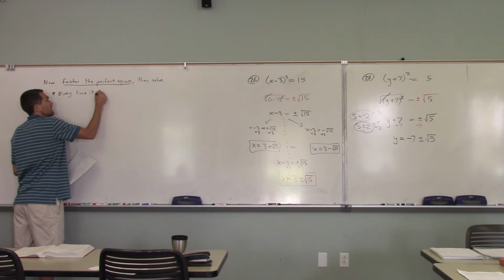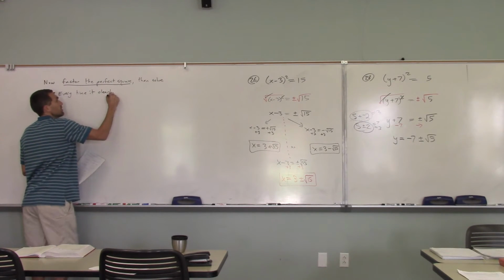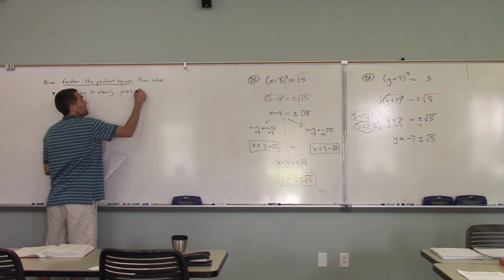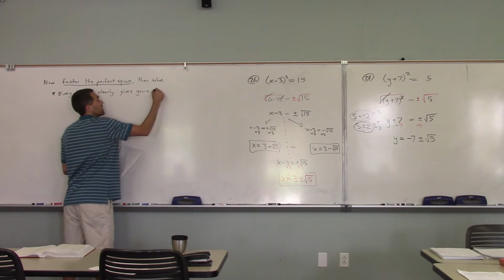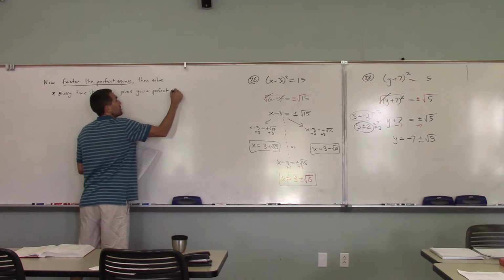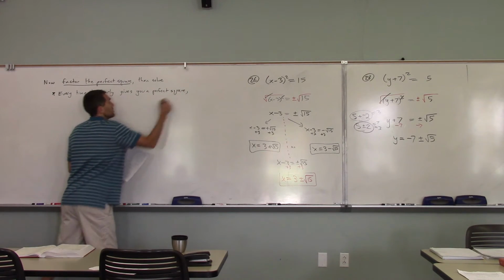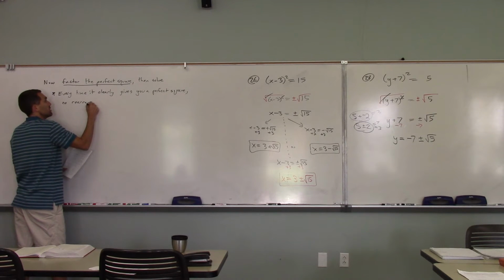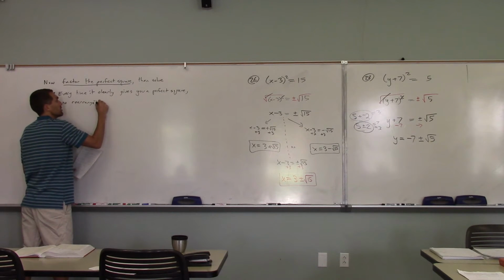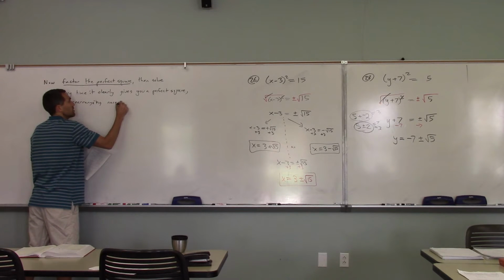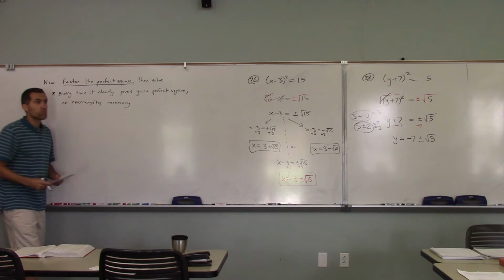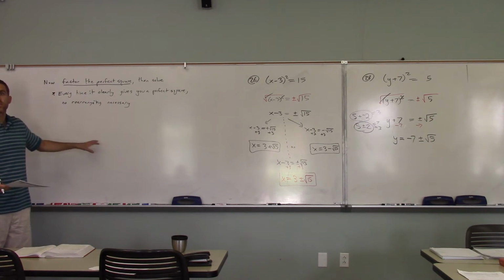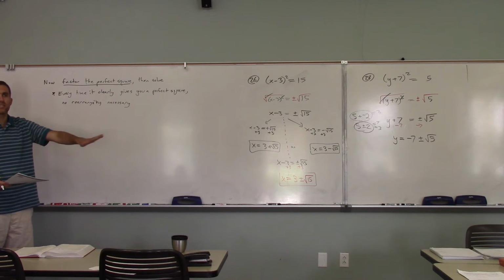Every time it clearly gives you a perfect square, no rearranging needed. Okay? This whole rearranging and making a perfect square, that's the entire next section.